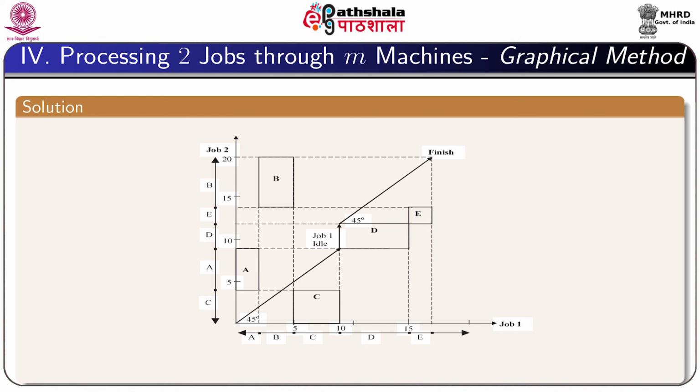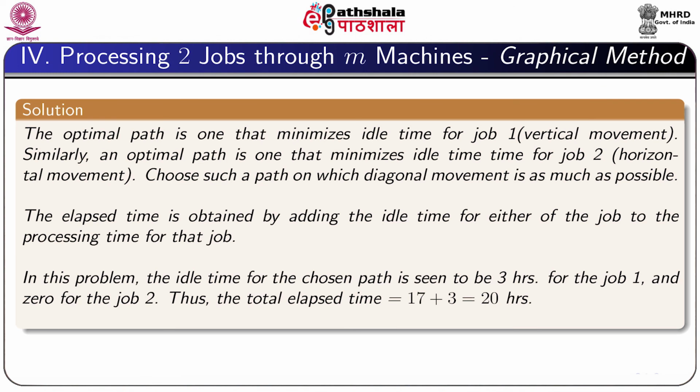and we can move in the inclined path as much as possible to get the optimal path. The optimal path is one that minimizes the idle time for job 1. Similarly, an optimal path is one that minimizes idle time for job 2.